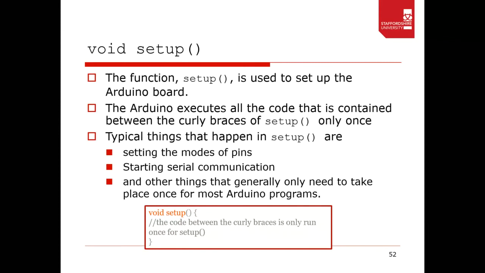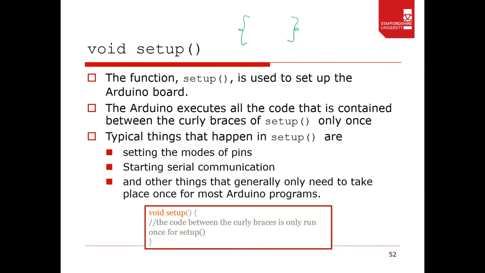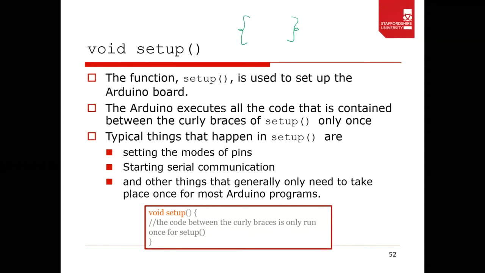So the void setup is used to set up the board. It executes all the code that is contained between the curly braces, or the ones that you've put down there, and it does it only once at the beginning.